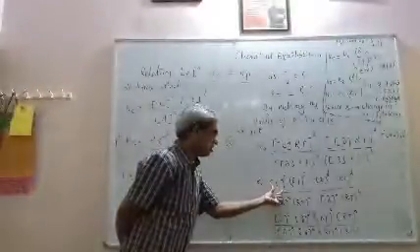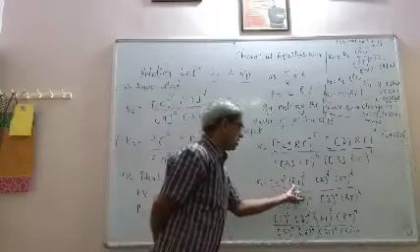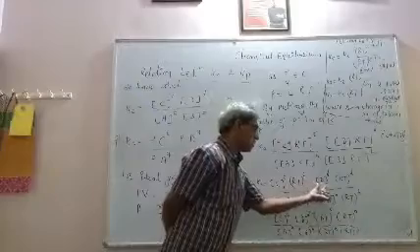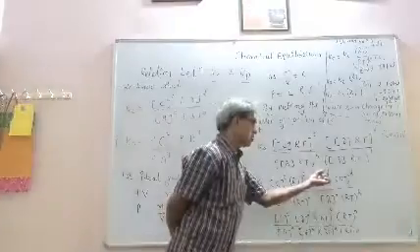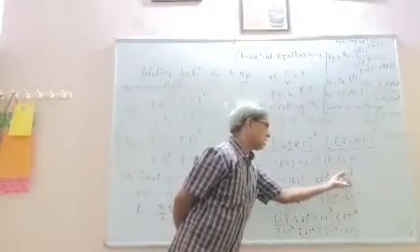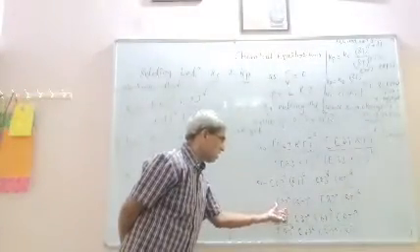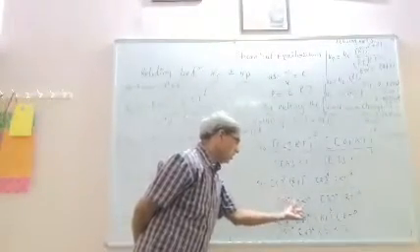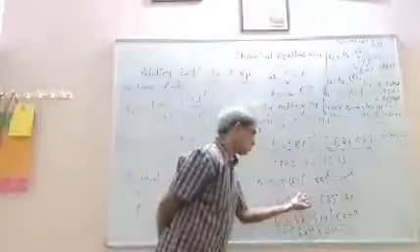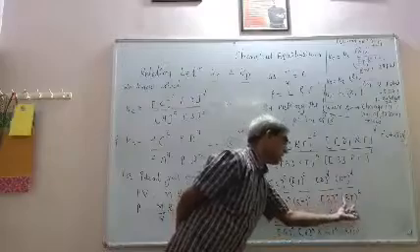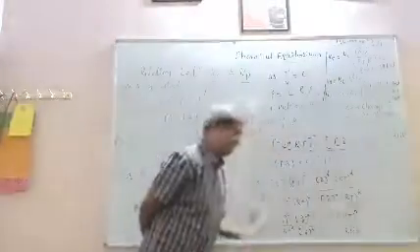Kp equal to concentration of C raised to C RT raised to small c, active mass of D raised to small d RT raised to small d upon active mass of A raised to small a RT raised to small a, active mass of B raised to small b RT raised to small b.